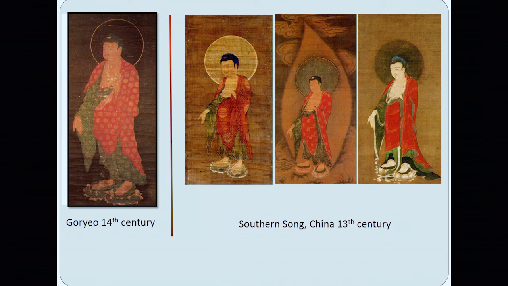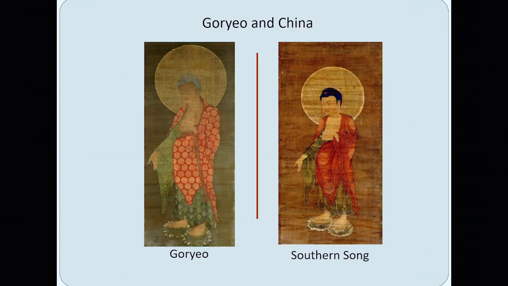There are also regional and functional differences, as well as materials and the training of the different Chinese painters. Although these examples are relatively limited and have been chosen simply for the sake of comparison, I'll attempt to point out some of the obvious differences between the Chinese examples and the Goryeo example.